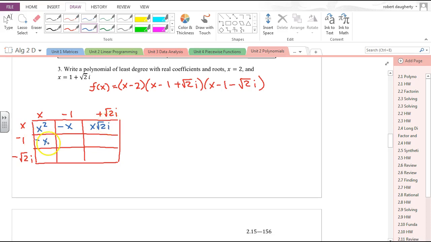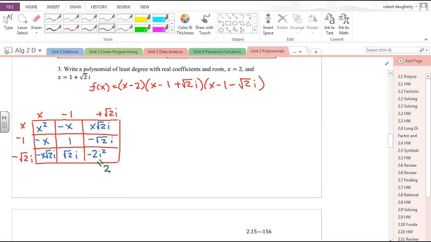Next line, minus x plus 1 minus root 2i, and then minus x root 2i, and root 2i, and then what I see next is minus square root of 2 times square root of 2 is just 2 i squared, but i squared is negative 1, so this just equals 2.